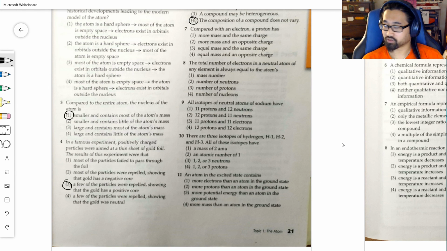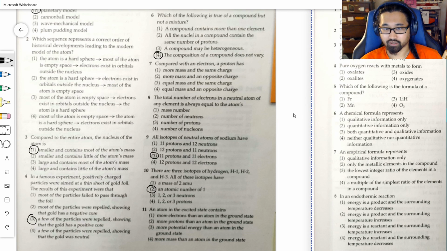All isotopes of neutral atoms of sodium have 11 protons, 11 electrons. And there are 3 isotopes of hydrogen, H1, 2, and 3. All of them have an atomic number of 1. Those all should have been right in the context that we've done that page already. So if y'all didn't know what to do there, you might be in a little bit of trouble.